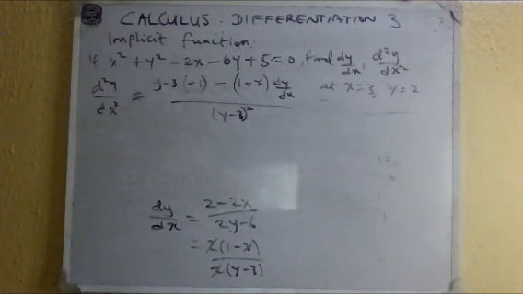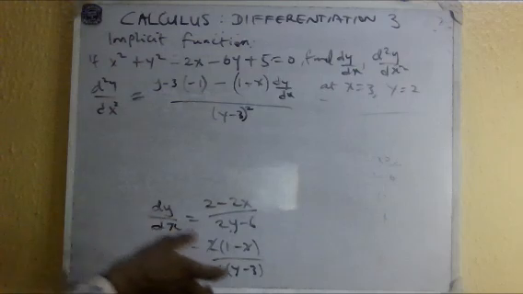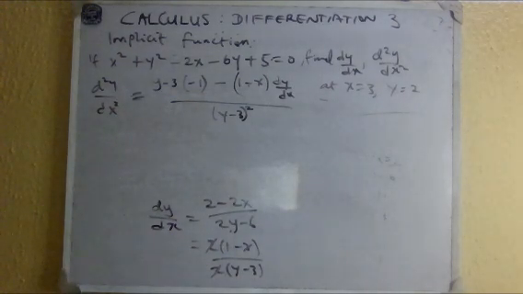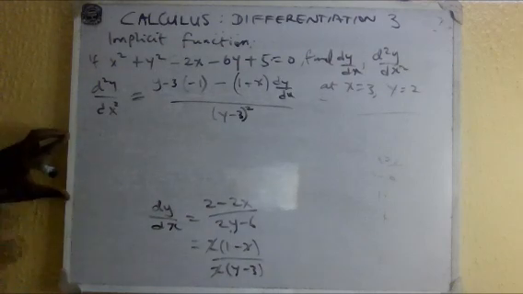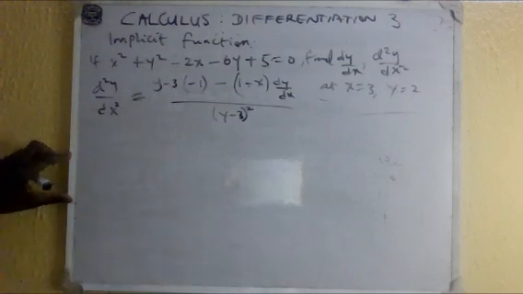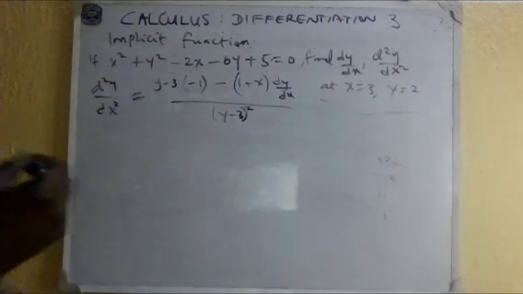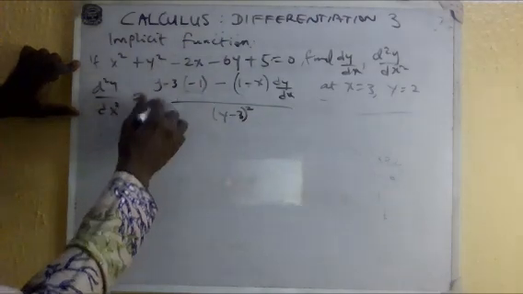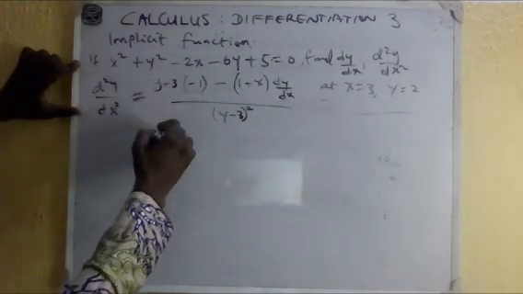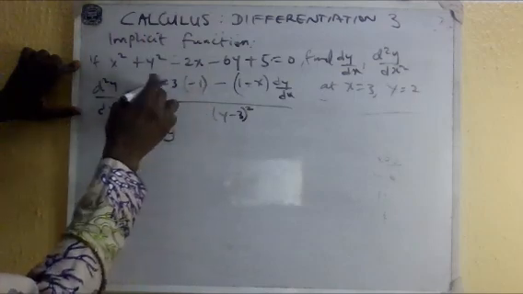So I'm writing this long story. Since I've gotten this one I want to differentiate, let me remove it so that I'll have space to continue. So that's the differential. This one will multiply: I have minus y. This times this is minus y.